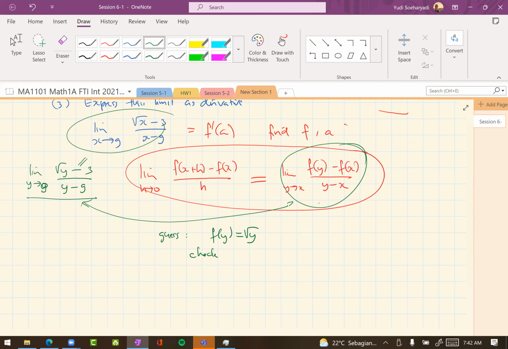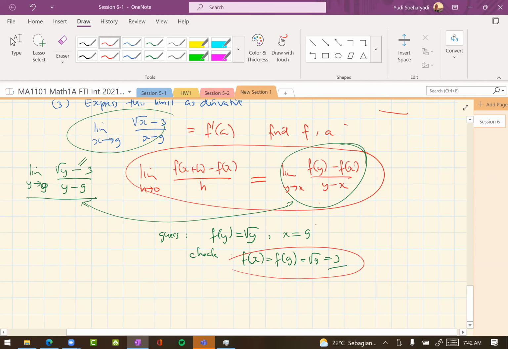Okay, let's check. This should be f of x, x equals, let's see, 9. Right? Let's check, f of x is, okay, so that matches.